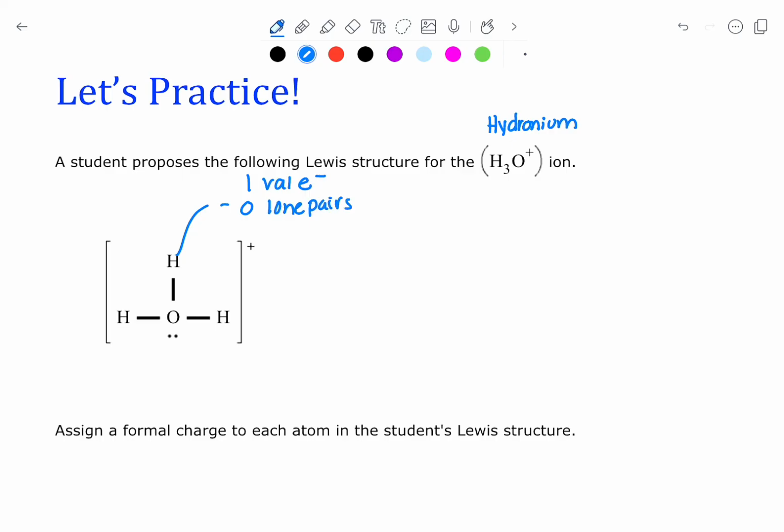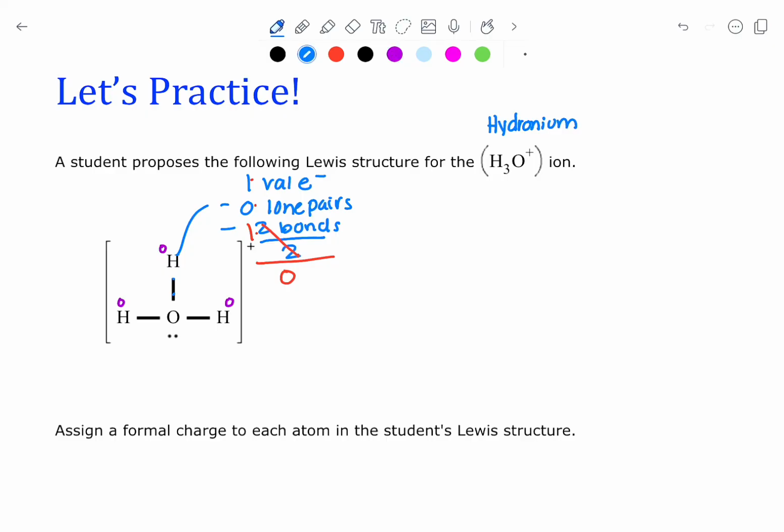And it has 1 bond that has 2 electrons in it. So we take 2 electrons from bonds, divide that by 2, which simplifies to 1. So overall, the formal charge of hydrogen becomes 1 minus 0 minus 1. So the formal charge on each of these hydrogens is 0.